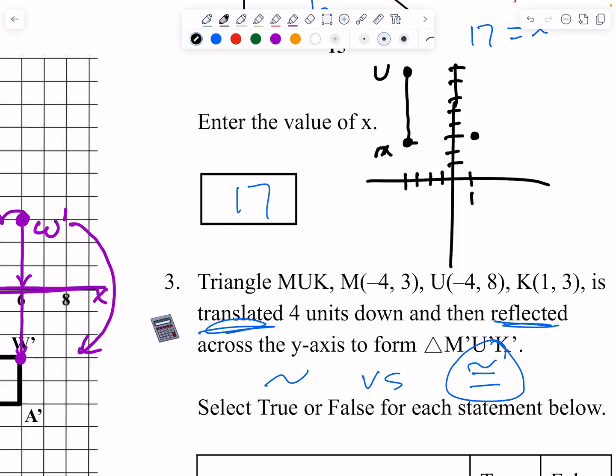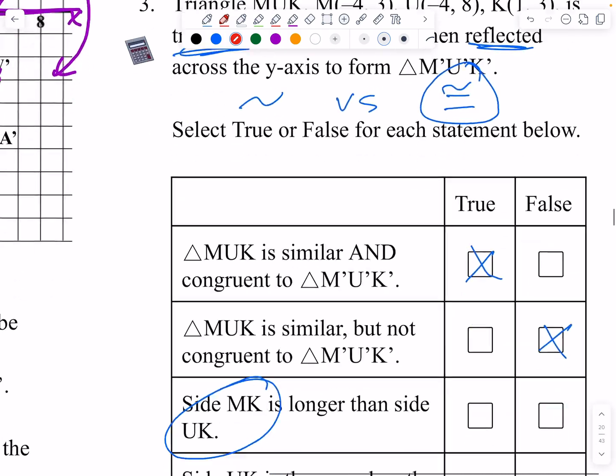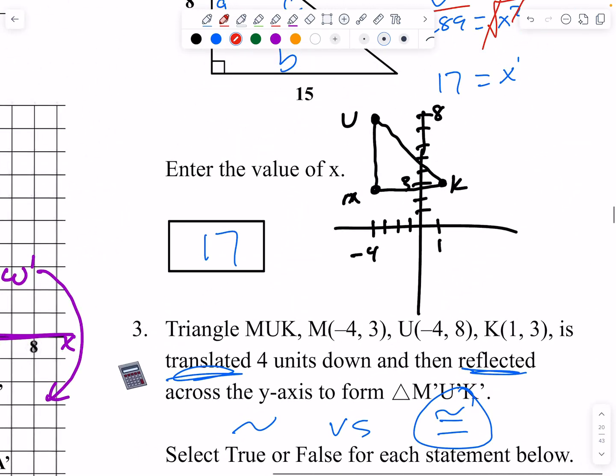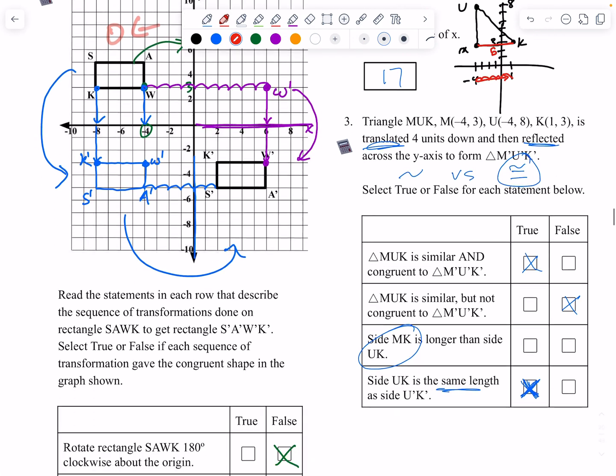So technically here it is. This is -4. This one is 3 all the way to 8. So let's look at what I have here. MK is right there. I went from -4 to 1. So if I do that, that's 1, 2, 3, 4, 5. So MK is 5.